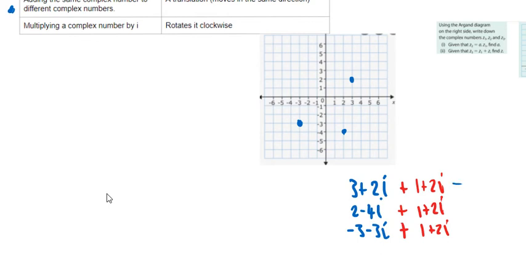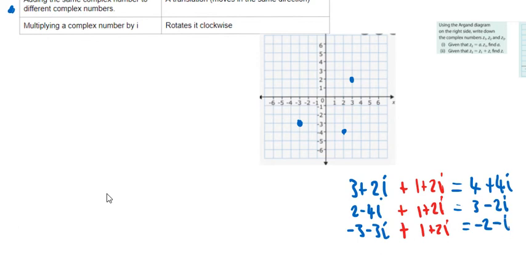The first one gives us 4 plus 4i. The second gives us 3, and then minus 4 plus 2, so that would be minus 2i. And then minus 3 plus 1 would be minus 2, and minus 3i plus 2i would be minus i.